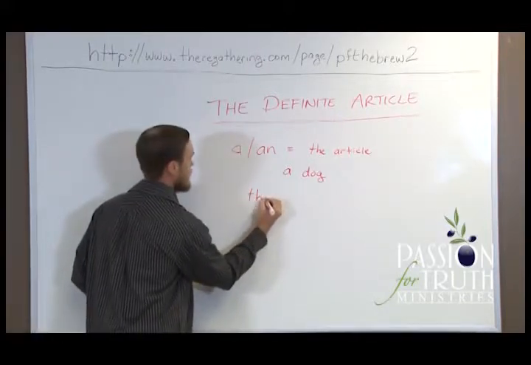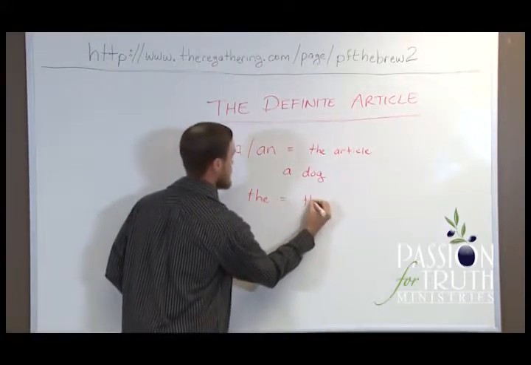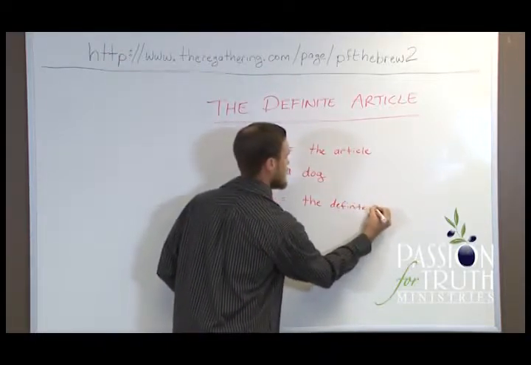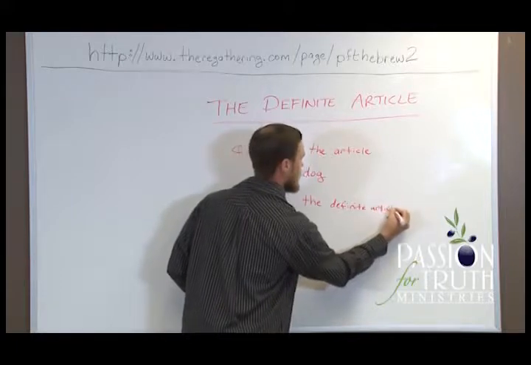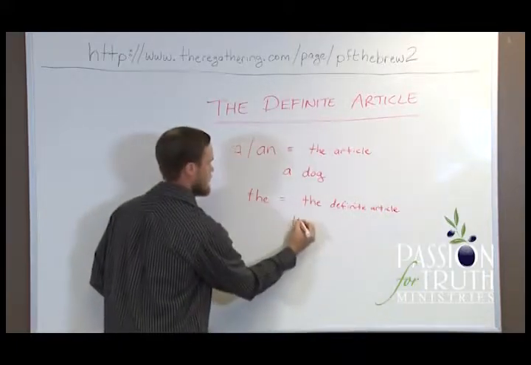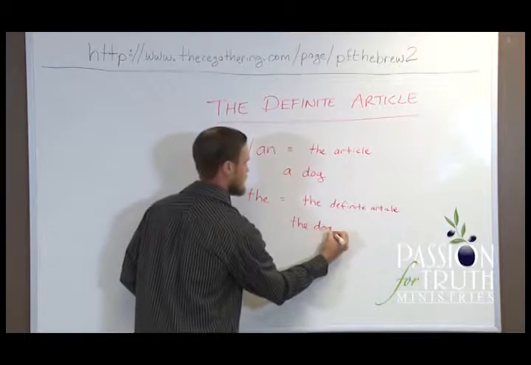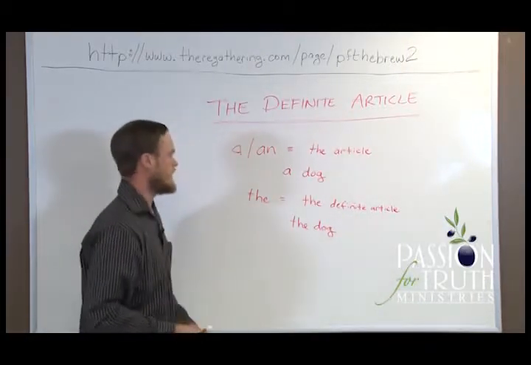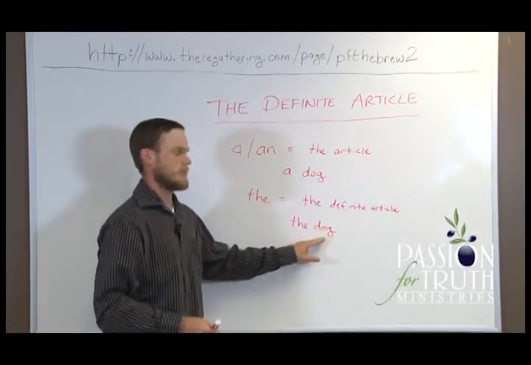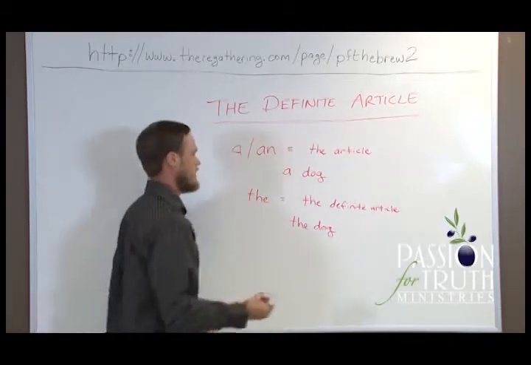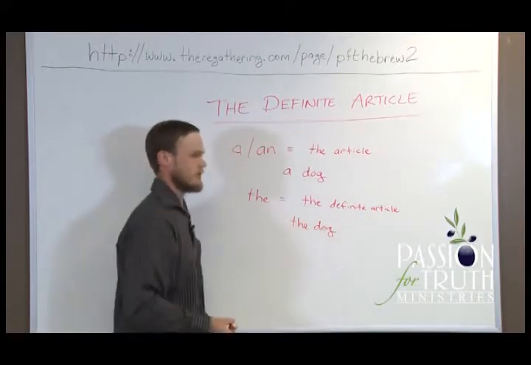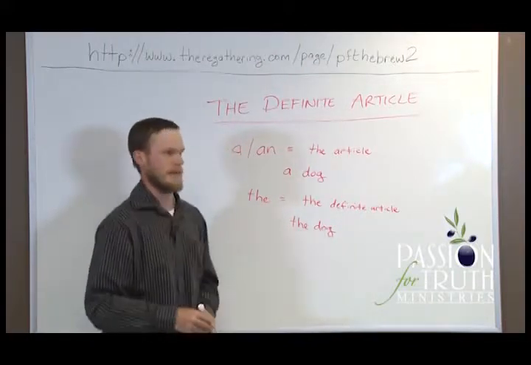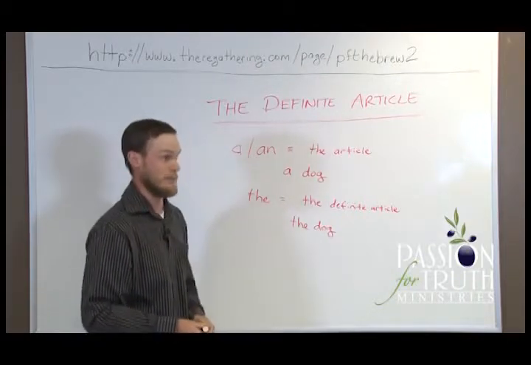The word the in English is the definite article. We use this to preface something specific. Now, typically, it's not enough just to add the definite article to something. If we just say the dog, that's not any more specific than saying a dog if we don't add anything afterwards to describe the dog.